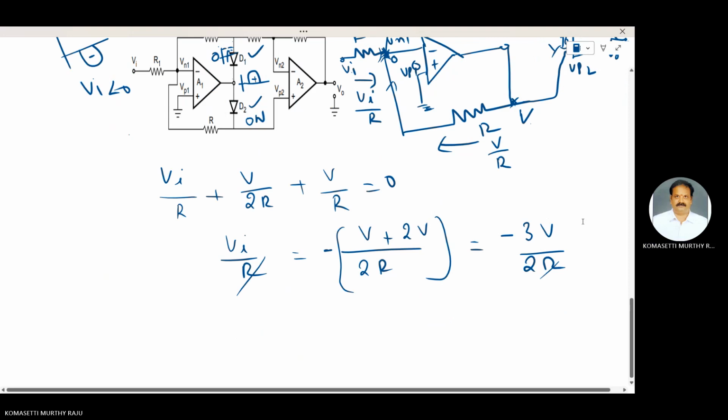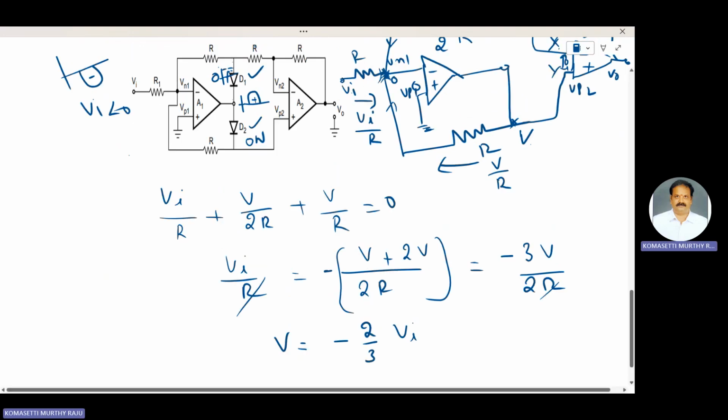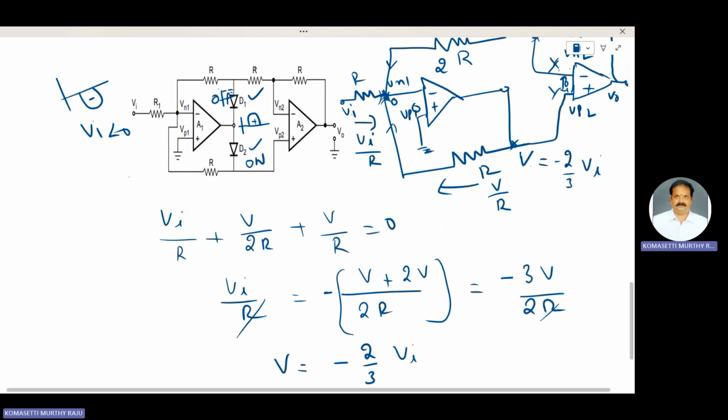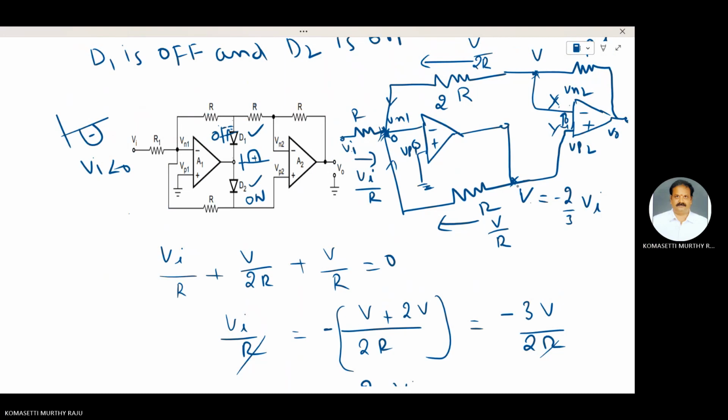Therefore, V is equal to minus 2 by 3 VA.